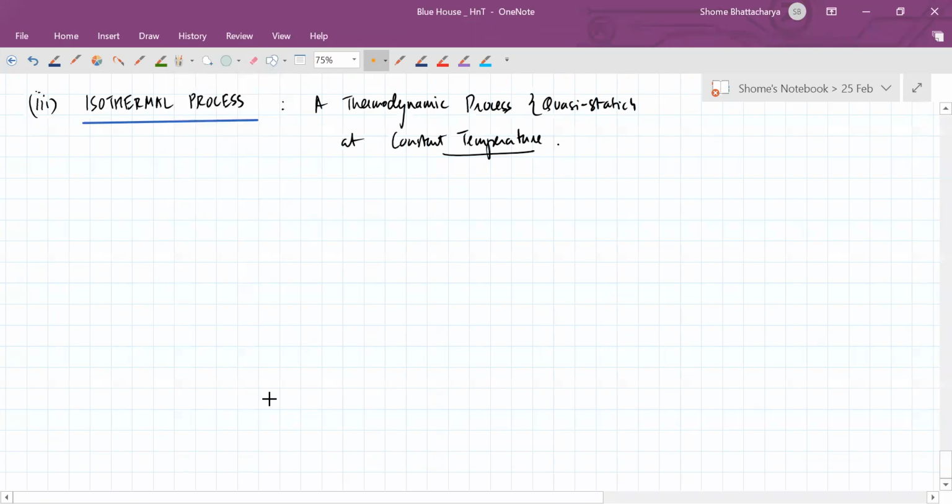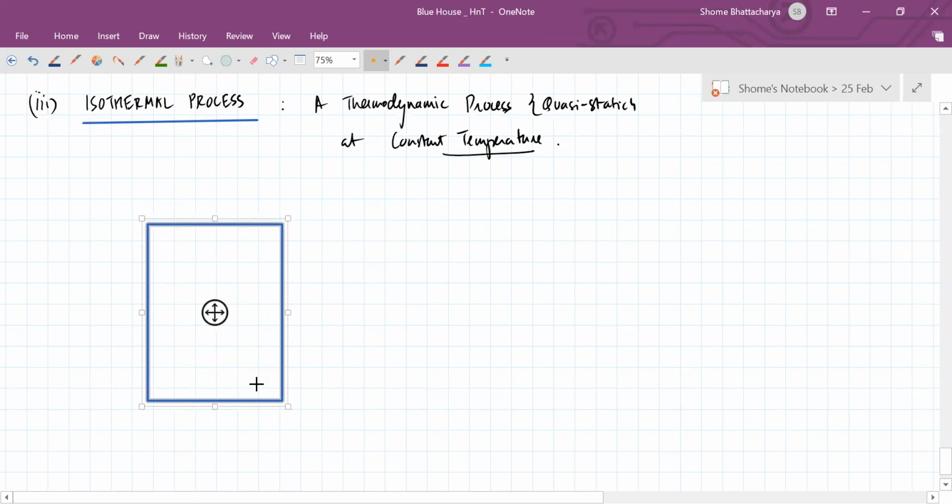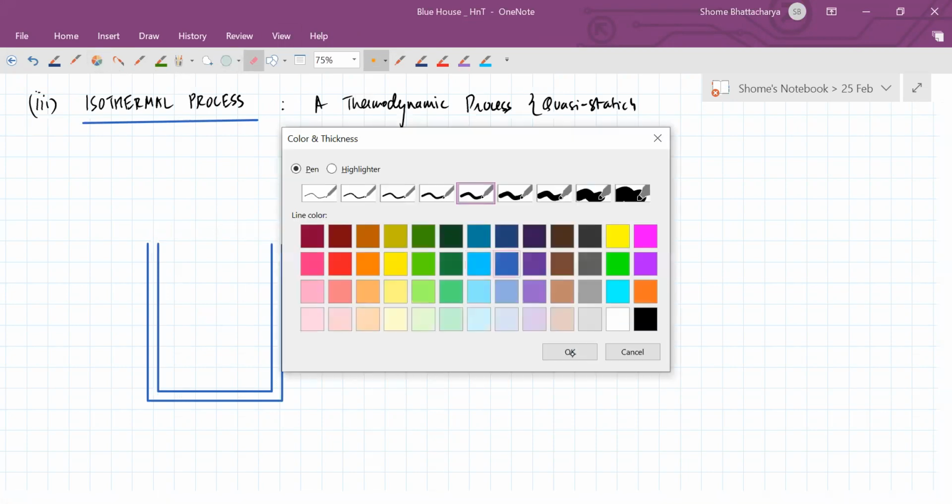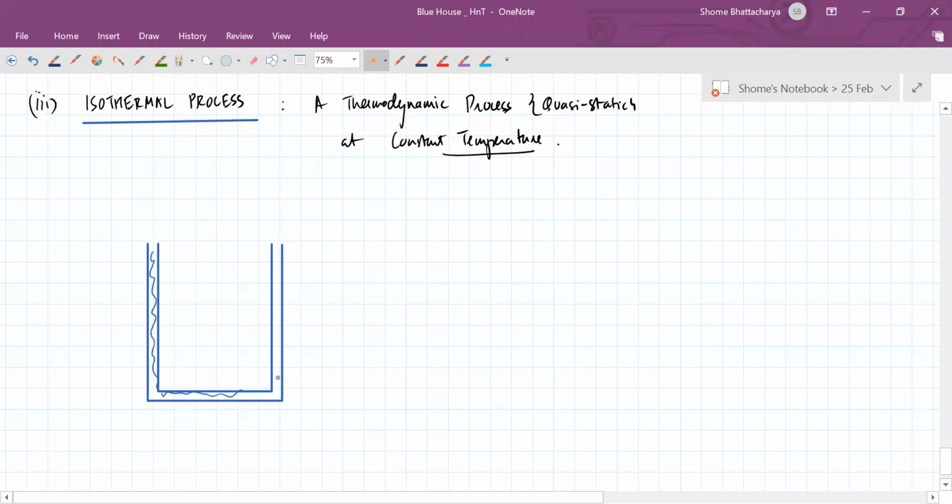So the visualization of this process is very simple. We can just put the gas in a container which is made of heat conducting walls, with a free piston with a variable load on it.